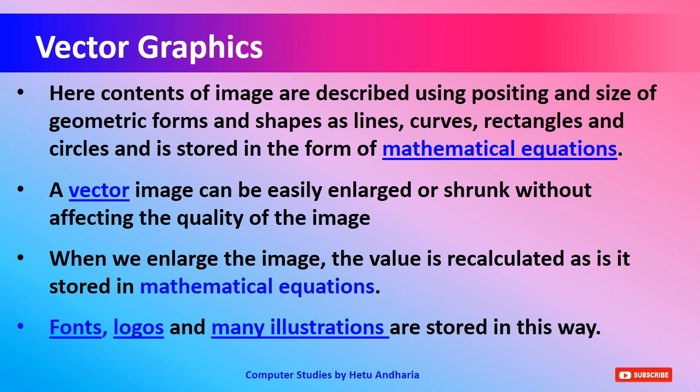This is because the data is stored in the mathematical form and the values are recalculated when it is displayed on the screen. Now, which things are stored in the vector graphics forms? Fonts, right? Logos of any company and many illustrations are stored in this way.